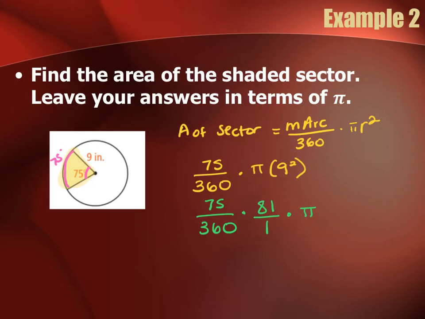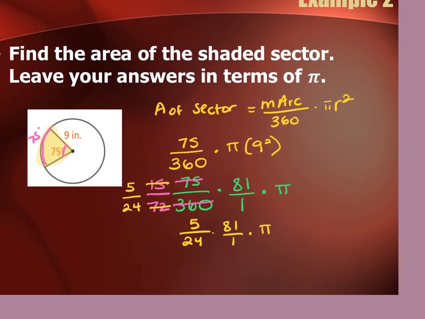I can do 75 divided by 5, this is 15, and 360 divided by 5, that's 72. I can even reduce that again because 3 goes in both of those, and it'd be 5 and it'd be 24. Now I've got 5 over 24 times 81 over 1 times pi.